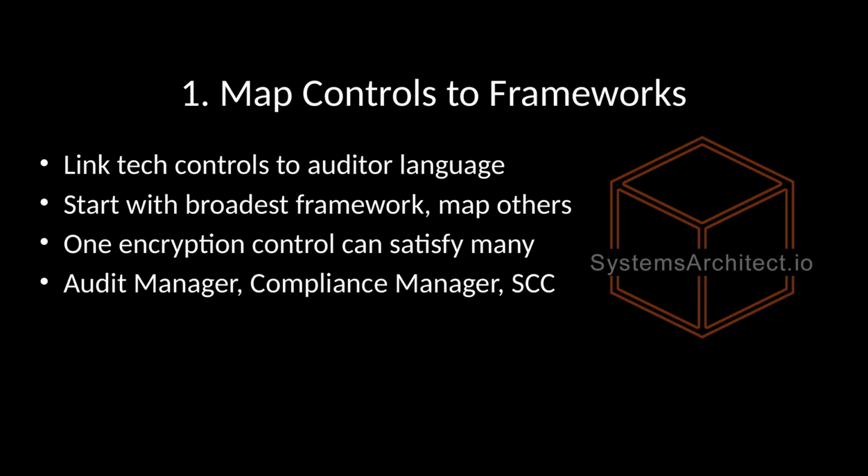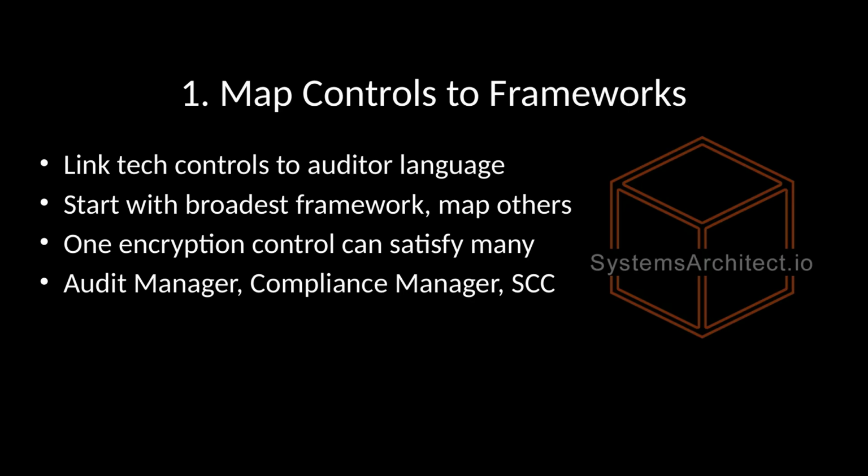Start with the broadest framework, often SOC2 Type 2 or ISO 27001, then map others onto it, because encryption at rest can satisfy many frameworks at once. Keep the map in a spreadsheet or GRC tool and update it when controls or frameworks change.